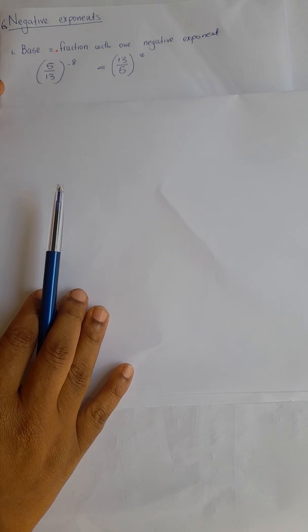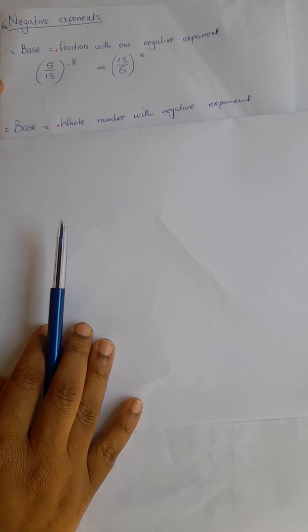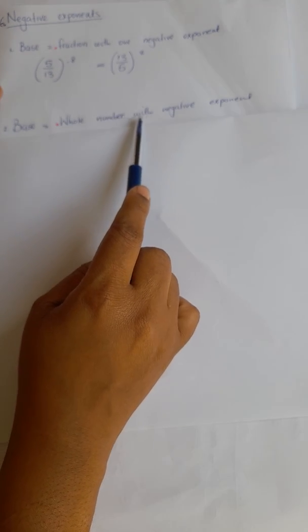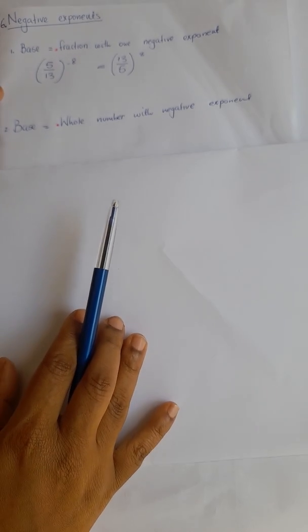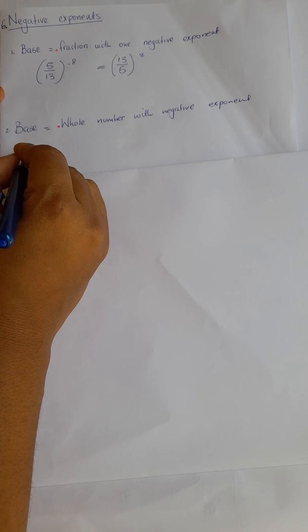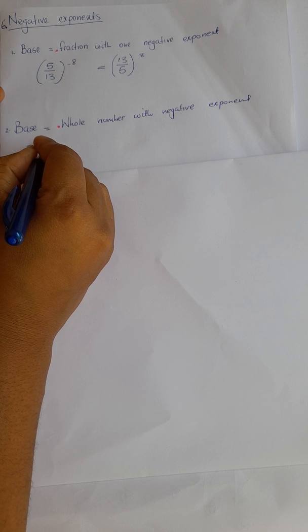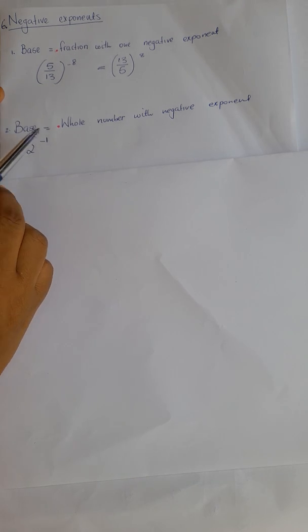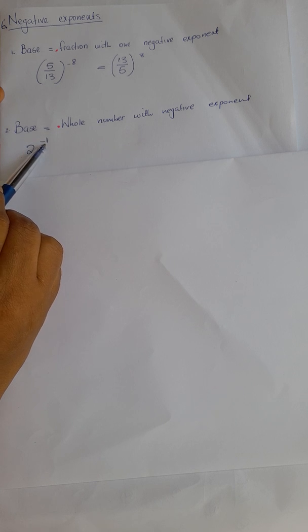Now let's look at case number 2, where the base is a whole number with a negative exponent. My example there is 2 to the power minus 1. My base is a whole number, and I have a negative exponent.